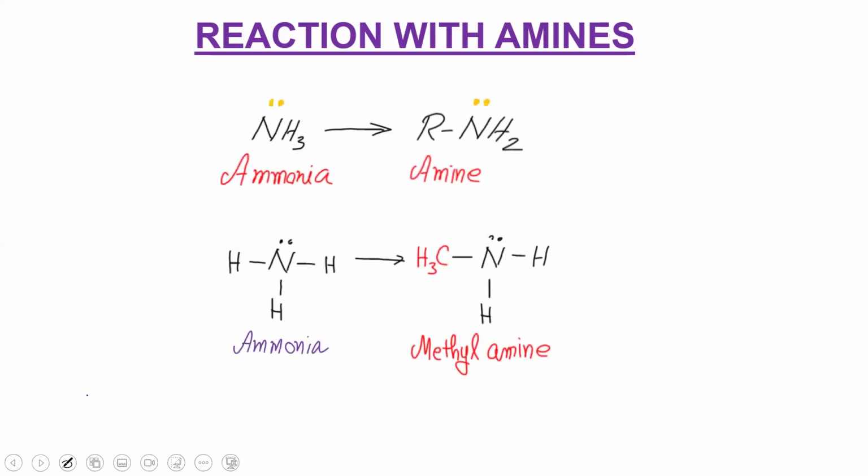Look at this. NH3 is ammonia, RNH2. If you introduce an R in place of a hydrogen, it is called an amine. Now, contrast. In ammonia, there are 3 hydrogens with a nitrogen with a lone pair. In an amine, there are 2 hydrogens with a CH3 group or any alkyl radical.